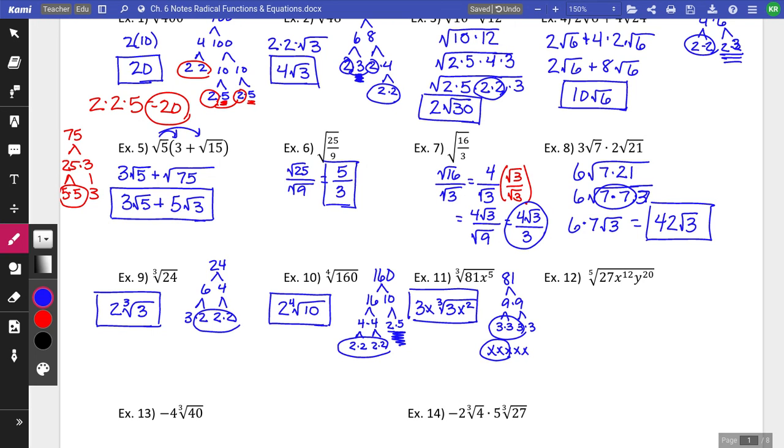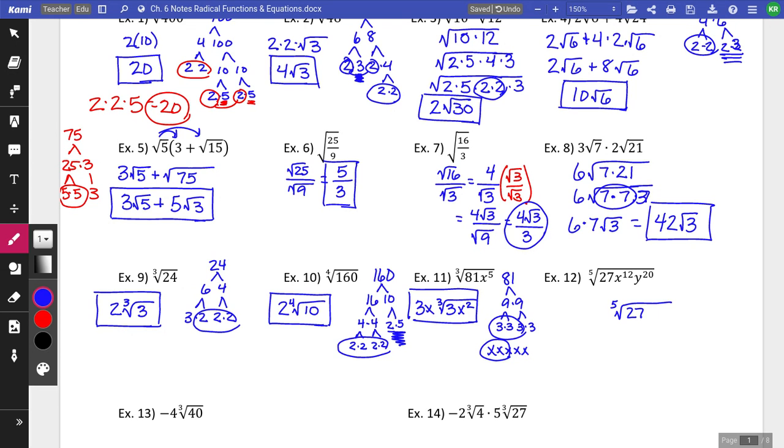Okay, number 12, same thing, except this time it's a 5th root. Well, 27 ends up being 3 times 3 times 3. So there's not enough to make a group out of the 27. So the 27 is going to have to stay. But if you look at your variables, you've got x to the 12th. So that's actually 2 groups of x's. So one group of x's will be 5 of them.